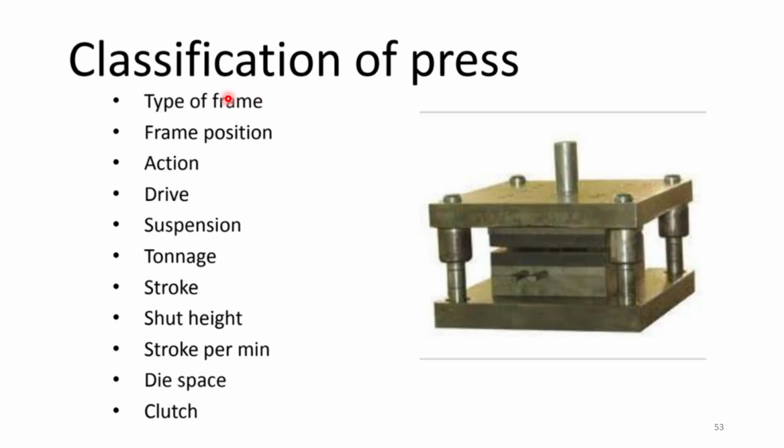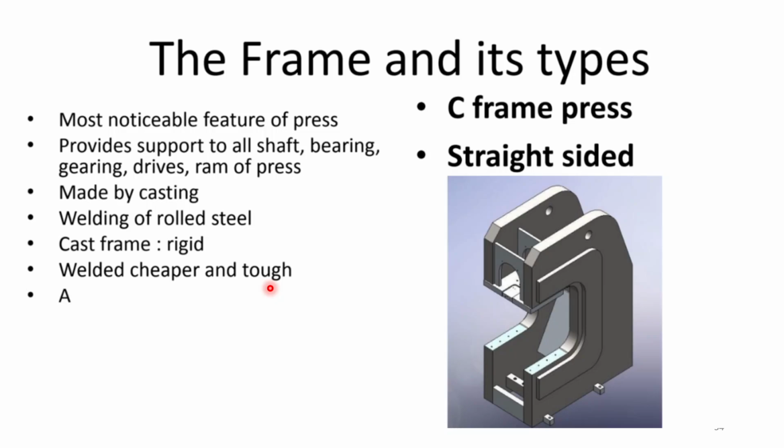Next is classification of press. There are various classifications based on these factors. It can be based on type of frame, frame position, action, drive, suspension, tonnage, stroke, shut height, strokes per minute, die space and clutch. Now the frame and its type.